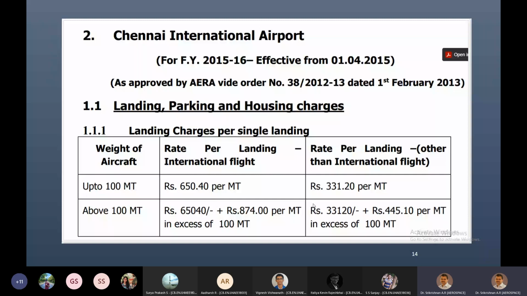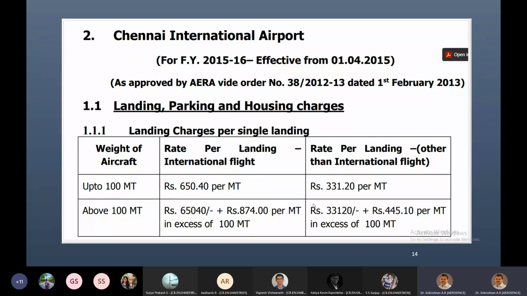Now, for larger aircraft, for any excess weight above 100 mt, we have to pay whatever belongs to the 100 mt, which is 65040, plus 874 per metric ton for each ton above 100 mt. So for each metric ton above 100 mt, you have to pay an extra amount of 874 rupees in addition to whatever belongs to the basic 100 mt cost.